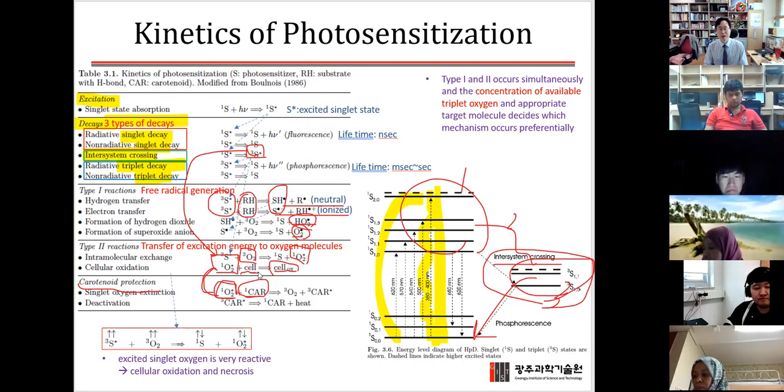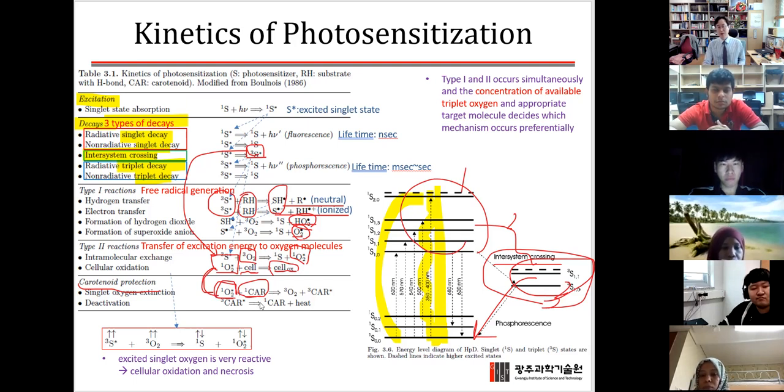That's why when you eat colorful vegetables and fruit, which have an abundance of carotenoid, it can minimize this excited singlet oxygen, and protect your normal cells from this ROS.